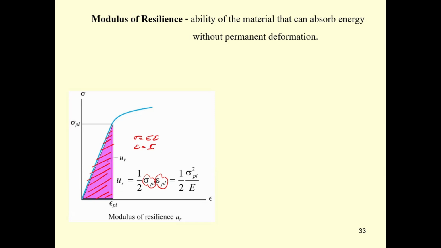Epsilon equals sigma over E. Then if you put epsilon over here, you may compute modulus of resilience by this equation. And that shows the ability of the material to absorb energy without permanent deformation, or during linear elastic behavior.